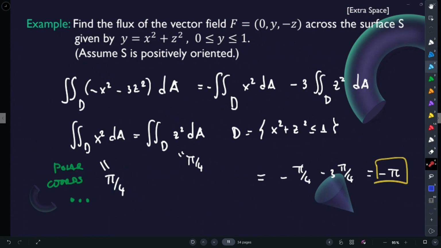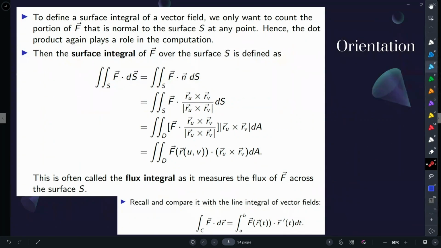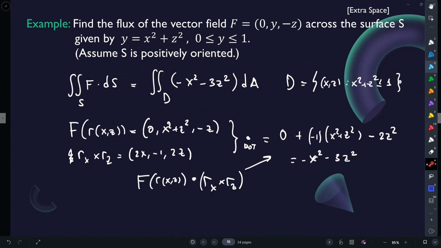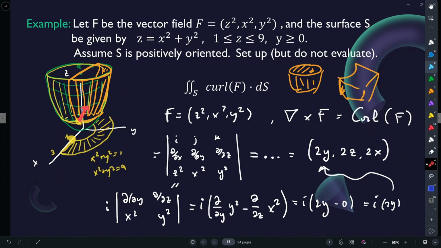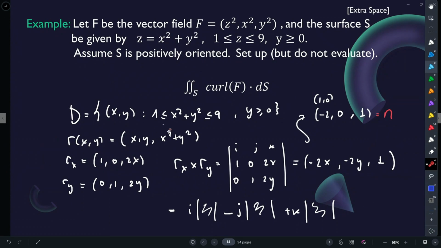In the general formula, these u and v are supposed to be the parameters that parameterize the surface, which in here I did. Again, I parameterized the surface, but I was just using x and y for my parameters.